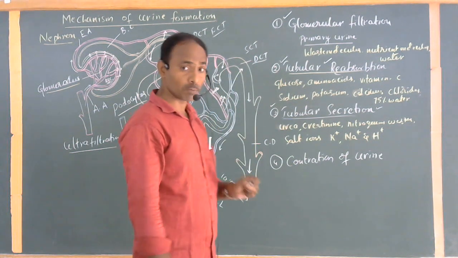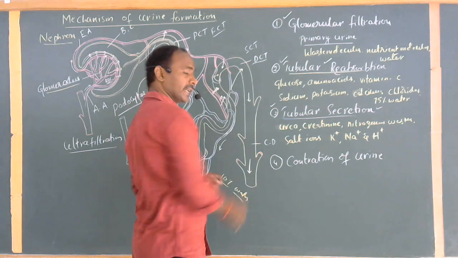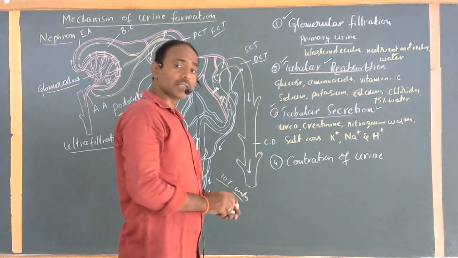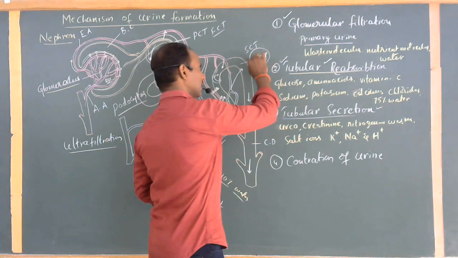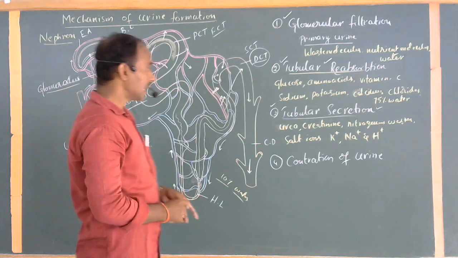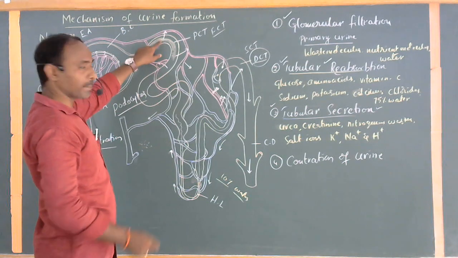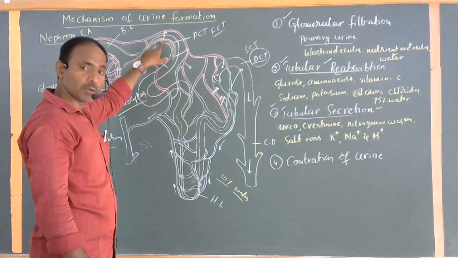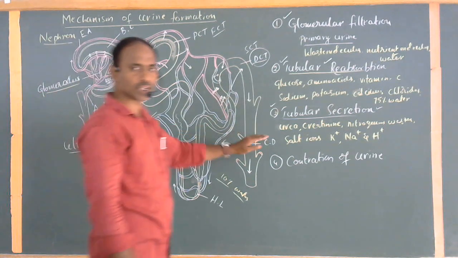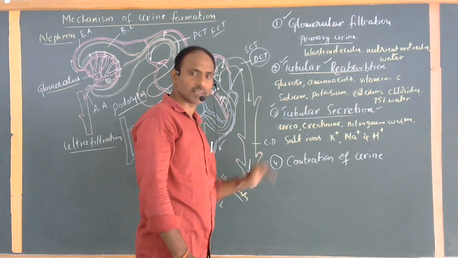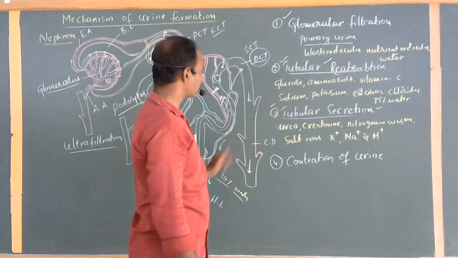Now, one more thing: concentration of urine also takes place in the DCT. A small amount of secretion also takes place in the PCT, but the major part of the secretion, of molecules unnecessary to the body, goes into the DCT.